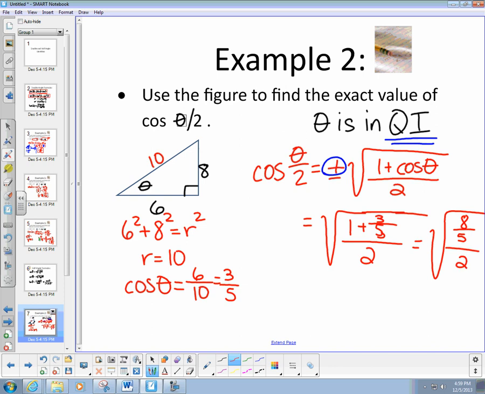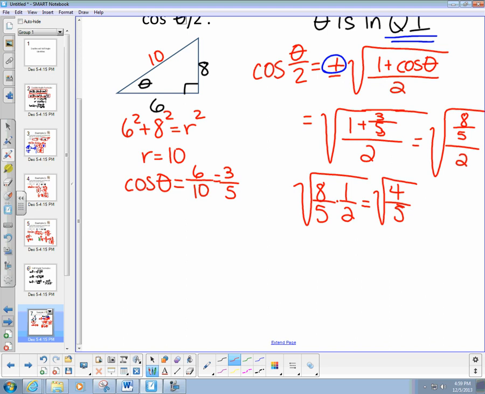That means divided by 2. So I can flip and multiply. So square root of 8/5 times, when I flip the 2, I get 1/2, which gives me the square root of 4/5. The square root of 4 is 2. And I can't take the square root of 5, so I've got 2 over the square root of 5.